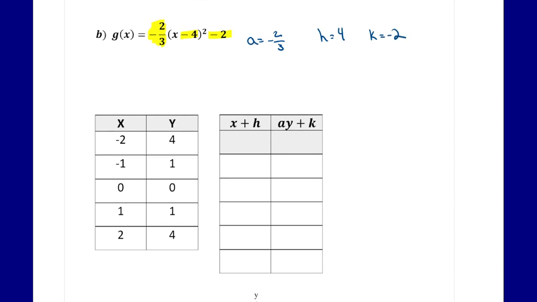So that will help me with my mapping notation to come up with the transformed points. I will be taking x and adding 4. I will be multiplying y by negative 2 over 3. And I will then be adding negative 2, or subtracting 2.